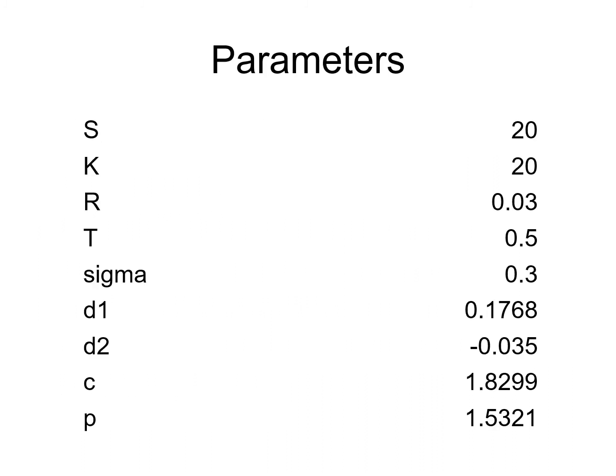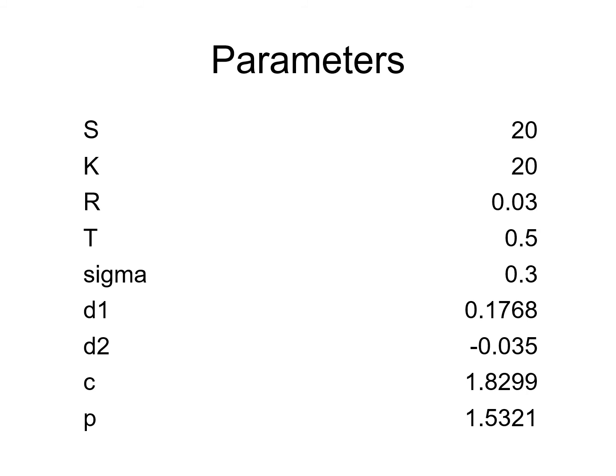Here are some relevant parameters. The stock price is $20. The strike price for both call and put is 20. The risk-free interest rate is 3%. Time to maturity is 6 months, or half a year, for both call and put.